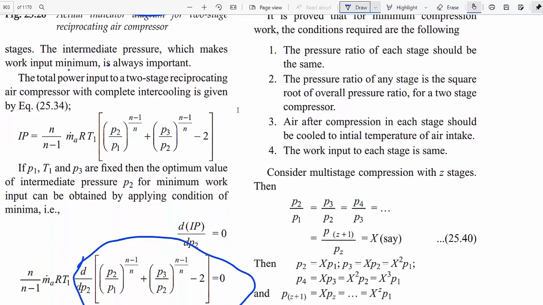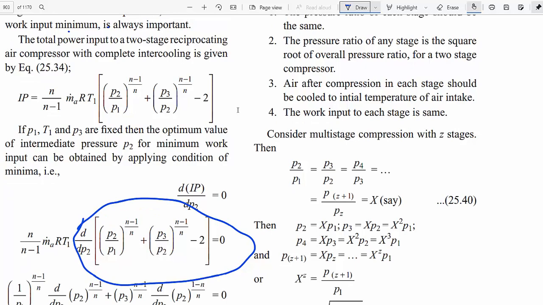Then remember this concept. The condition for multi-stage compression is P2 by P1 equal to P3 by P2 and P4 by P3, and so on. So as we increase the stages of compression, it leads to a series of pressure ratios.